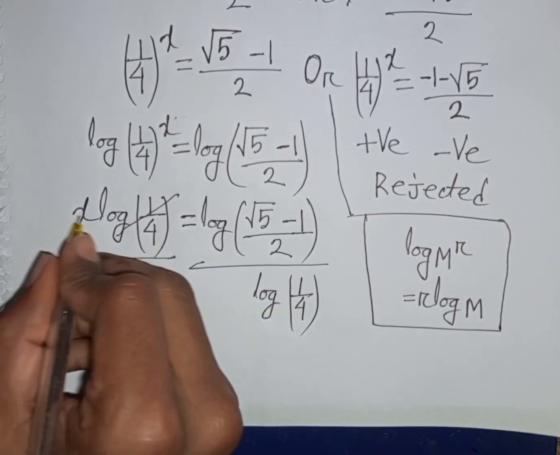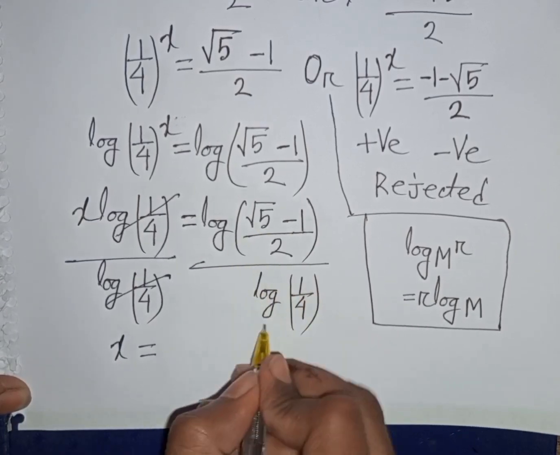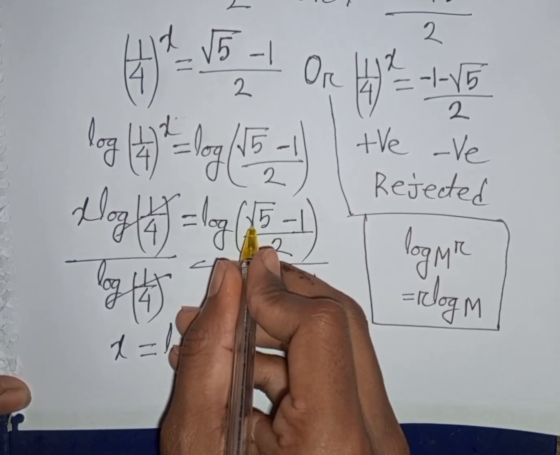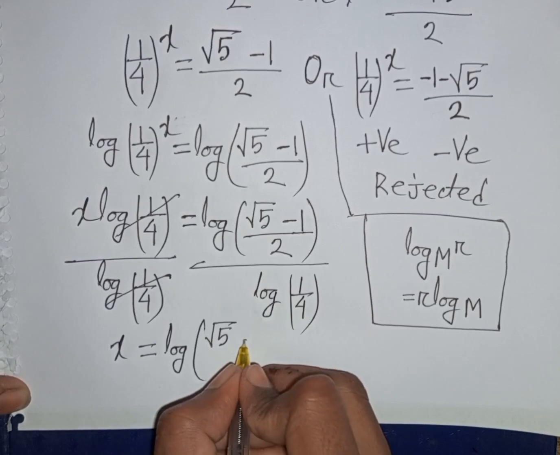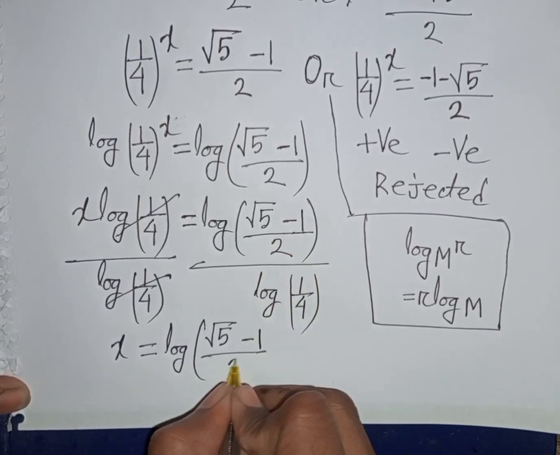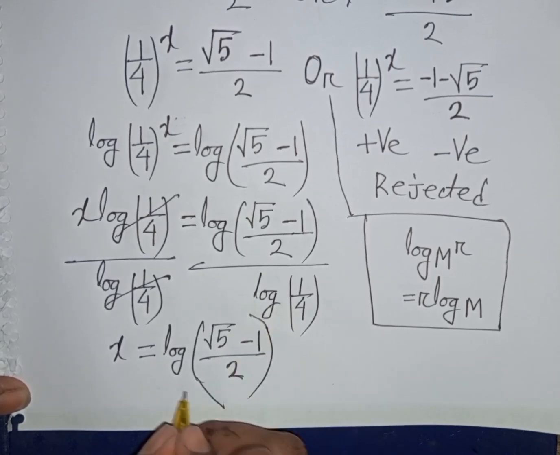So here x will be equal to this divided by this, that means log of (square root of 5 minus 1) over 2, with base 1/4.